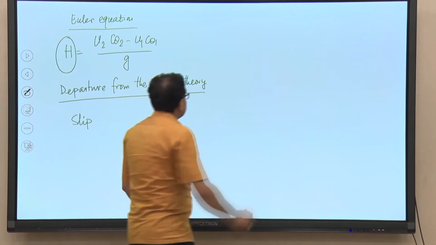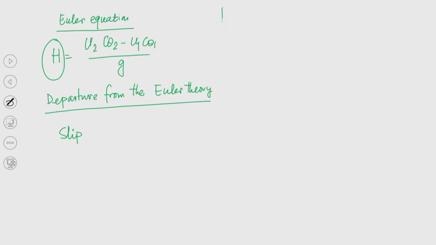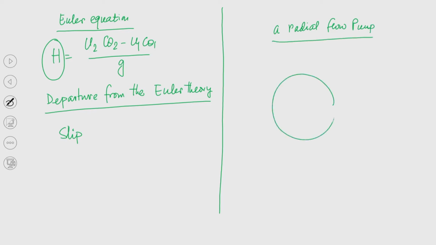Now, if we take the example of a radial flow pump, and if we try to draw the impeller of a radial flow pump, right.